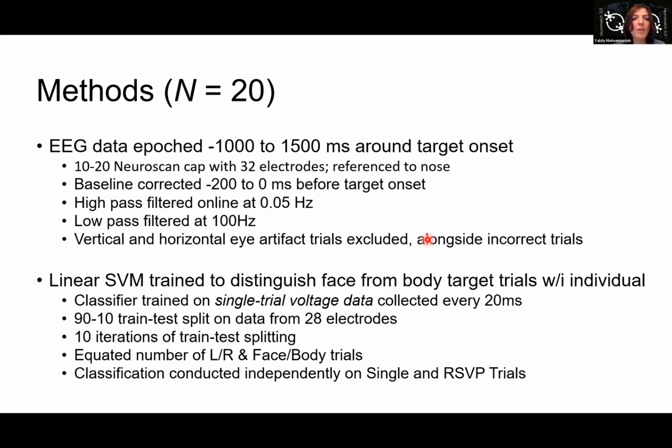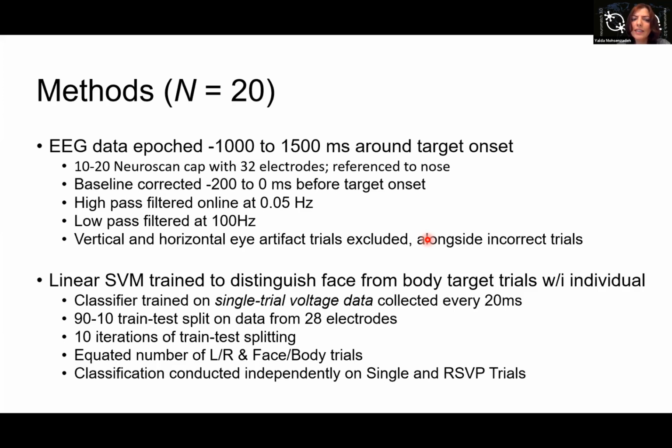Or do you use all electrodes? I'm not familiar with which electrodes and time points are best for memory. Okay, so feature selection could help also classification accuracy.